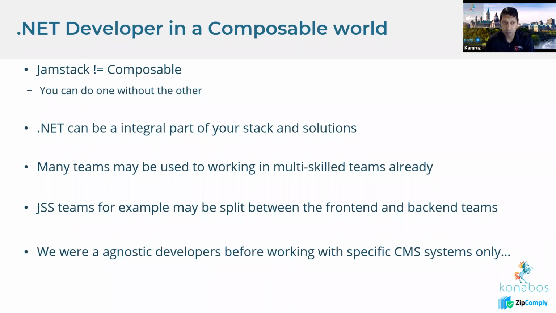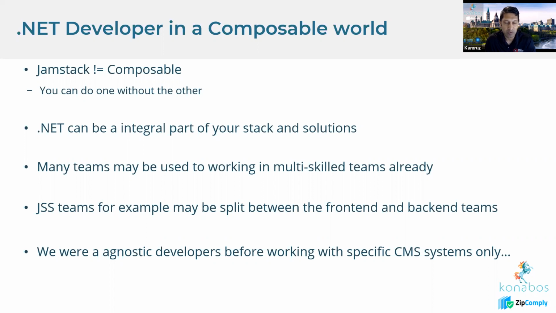A lot of teams are very used to being multi-skilled anyway. I mentioned the JSS example earlier, where you have front-end teams split between React, or Angular, or Vue, or whatever that is, and then the back-end teams are doing all of the Sitecore integrations, which would have been written in C#, right? The other thing is, before we moved on to the very specific Sitecore stack, we were just .NET developers.